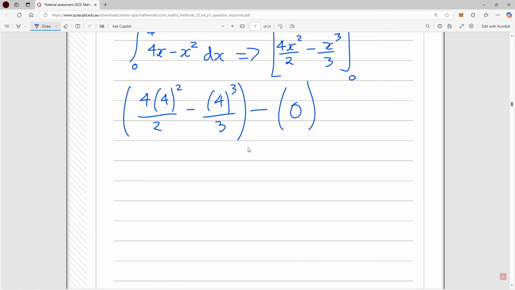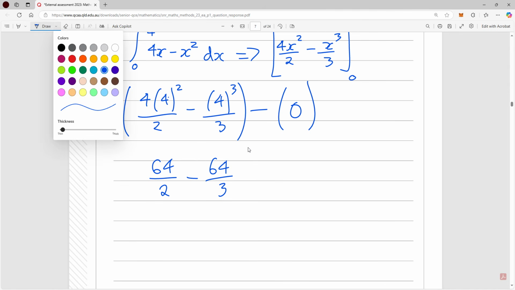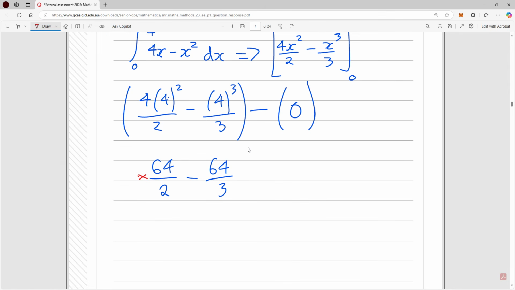So 4 times 4 is 16, times by 4 is 64. So 64 over 2 minus 64 over 3. Okay, so we want to try and make them have a common denominator, or simplify this a little bit. Let's make a common denominator of 6. So we'll go times the top and bottom by 3 here, and times the top and bottom by 2 here.